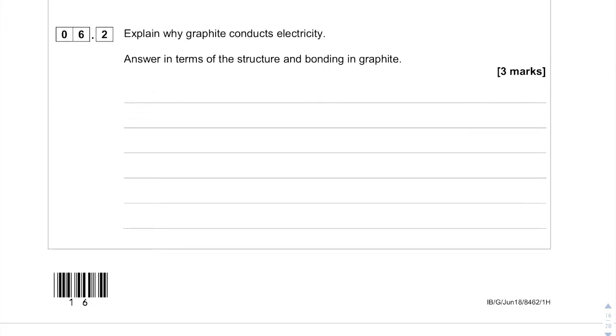Second part, why graphite conducts electricity. This is more to do with the bonding in covalent structures. Again, it's basically bookwork, so remember this method of answering graphite questions. It's 3 marks really.